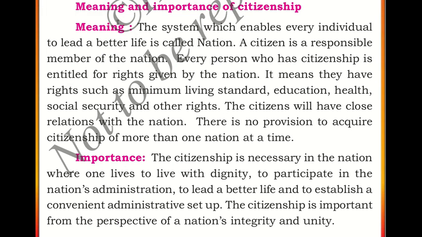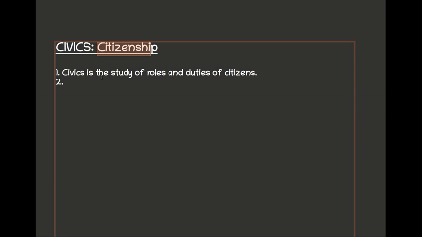Meaning and importance of citizenship. Let's start by understanding what exactly citizenship means. To understand that, we need to know what it means to be a nation. The system which enables every individual to lead a better life is called a nation. Okay? So we have heard about nations. We know that there are various different countries in the world.